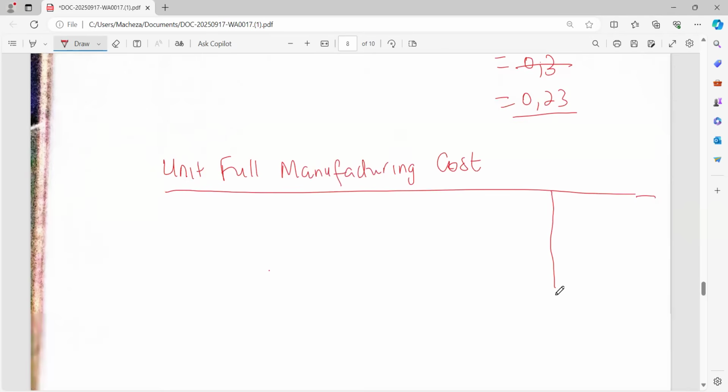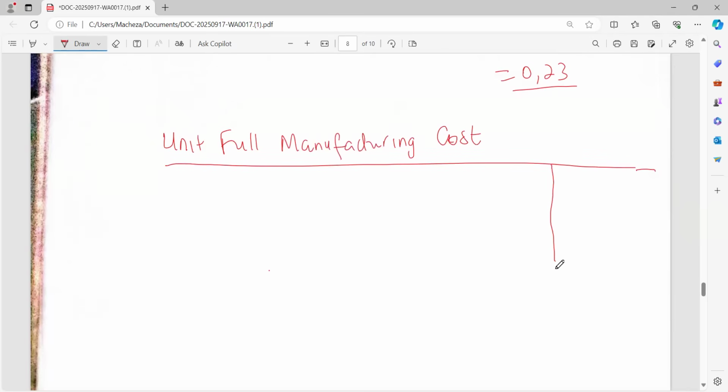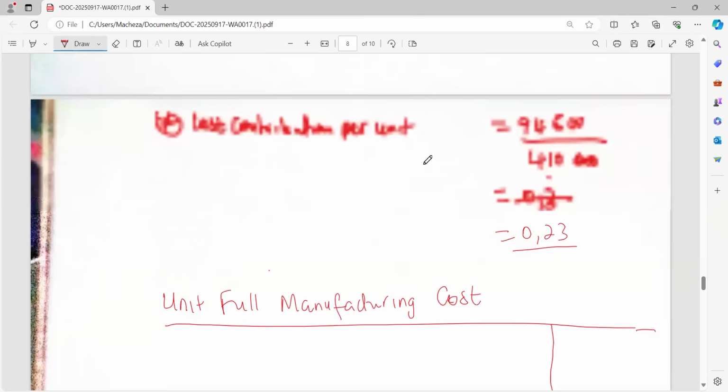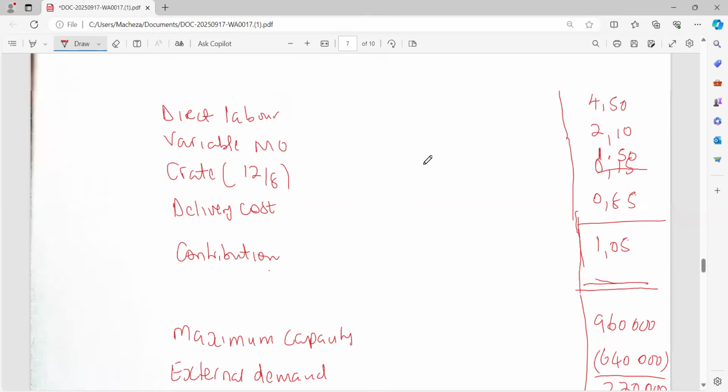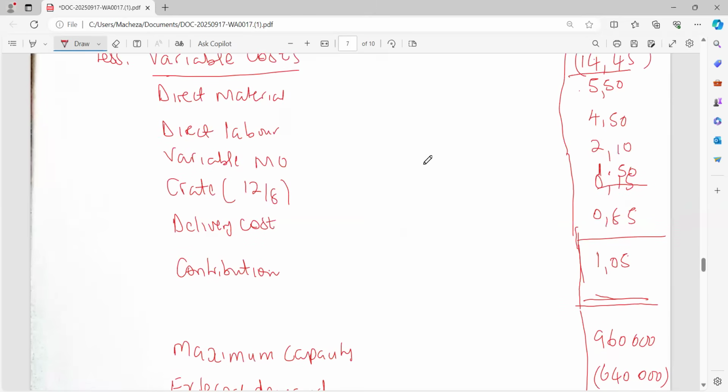So everything that we have done here, all these variables, let's go and check which variables we are going to take. When we determine the unit's full manufacturing cost, we take the direct material, direct labor, and the variable, then we apply the fixed cost.